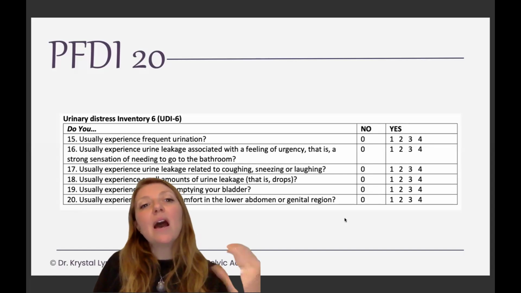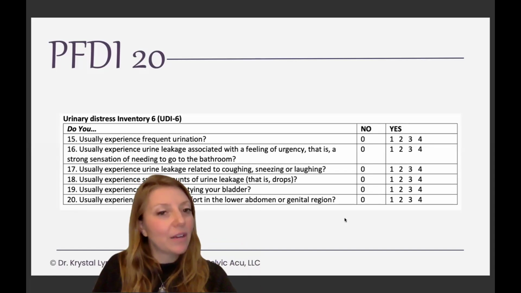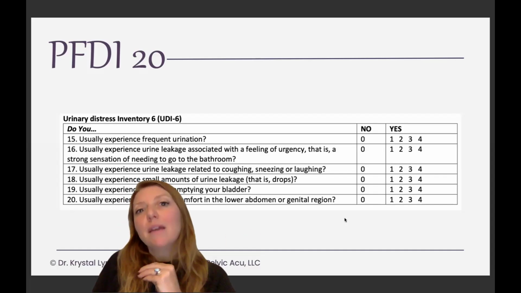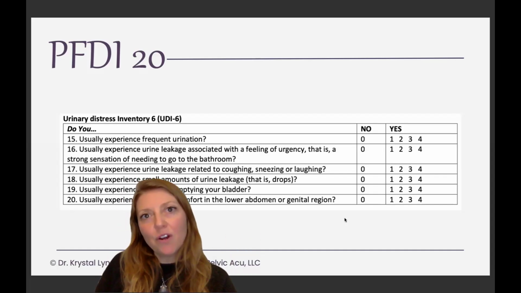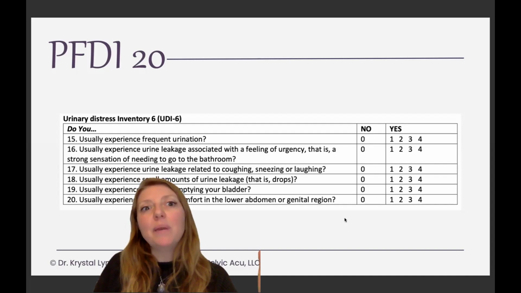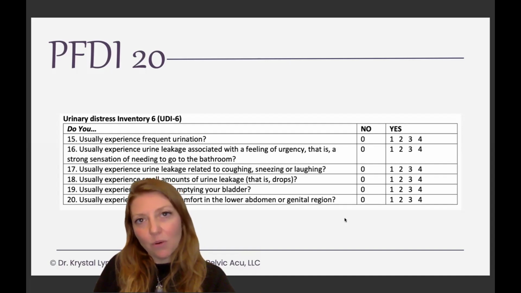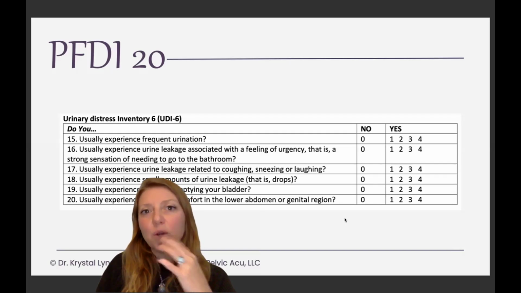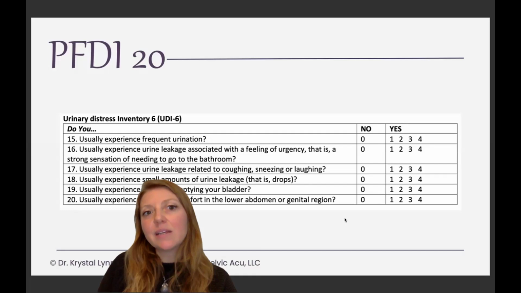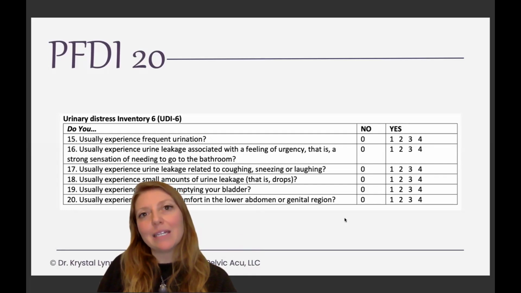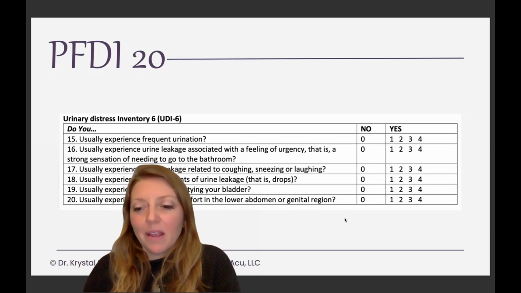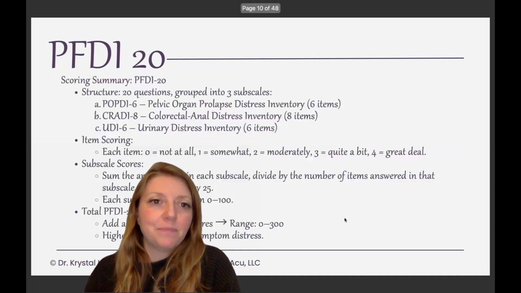When we're talking about urinary distress, colorectal anal distress, and pelvic organ prolapse, there is often carryover that exists between all categories. And that's what I love about the PFDI 20: you'll identify what the primary area of need is, but you'll also identify any other areas that might be impacted as well. And there's always a little bit of spillover. So this is really good to see.